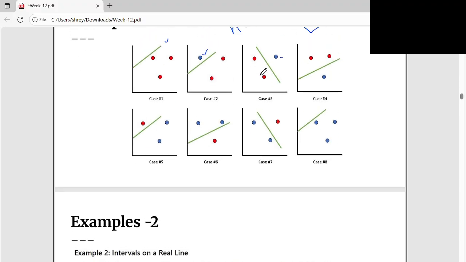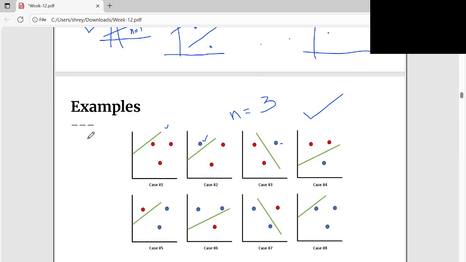But think about n equal to 4. It means there are 4 samples, 1, 2, 3 and 4. So can you define for this case? This is 1, this is -1, and this is 1, and this is -1.